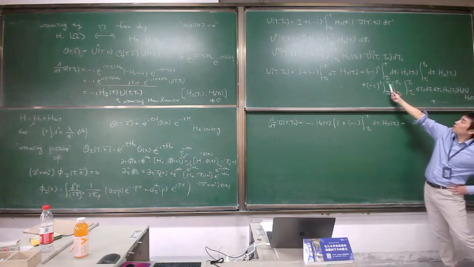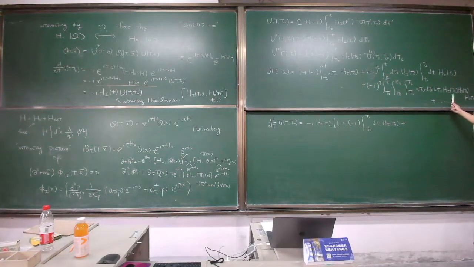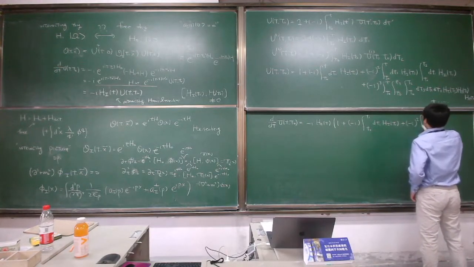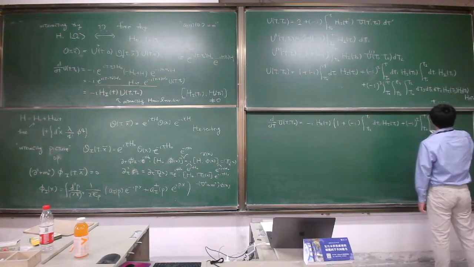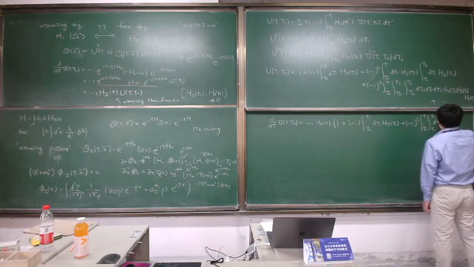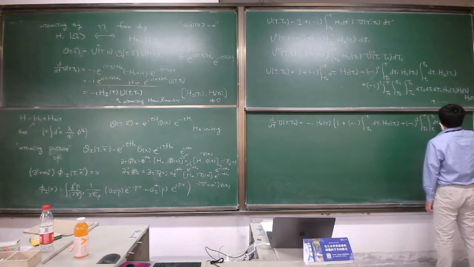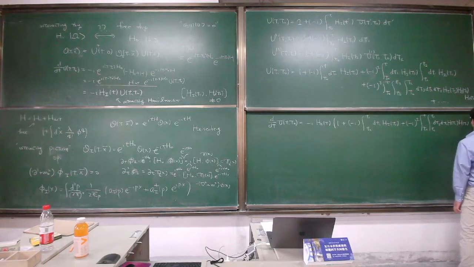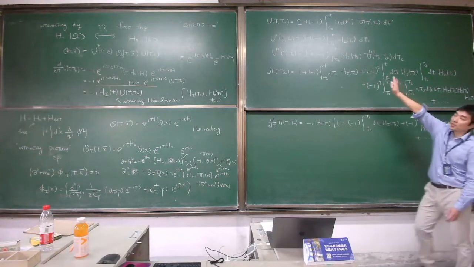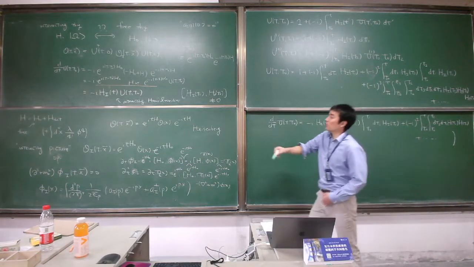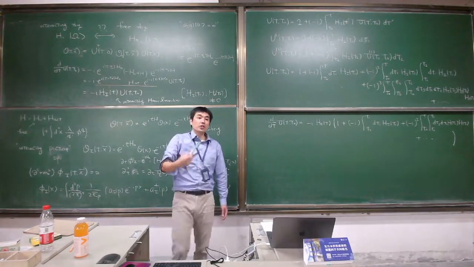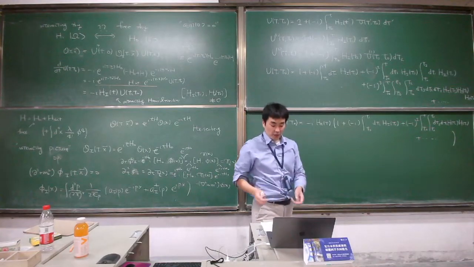Acting with the time derivative on the next term, you get this H_I, which is the same as here, and then what remains is this piece, which is exactly the same as this one. Therefore it satisfies this equation. So you can just integrate over the Hamiltonian recursively.